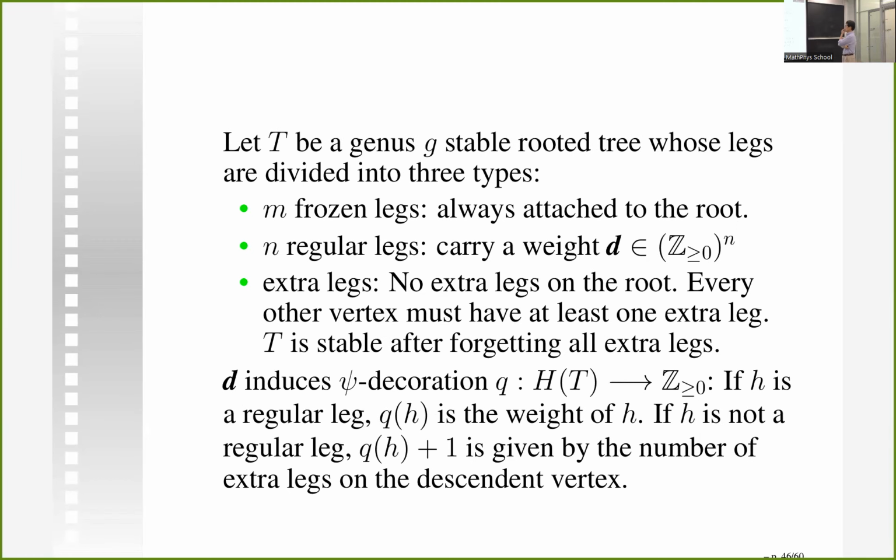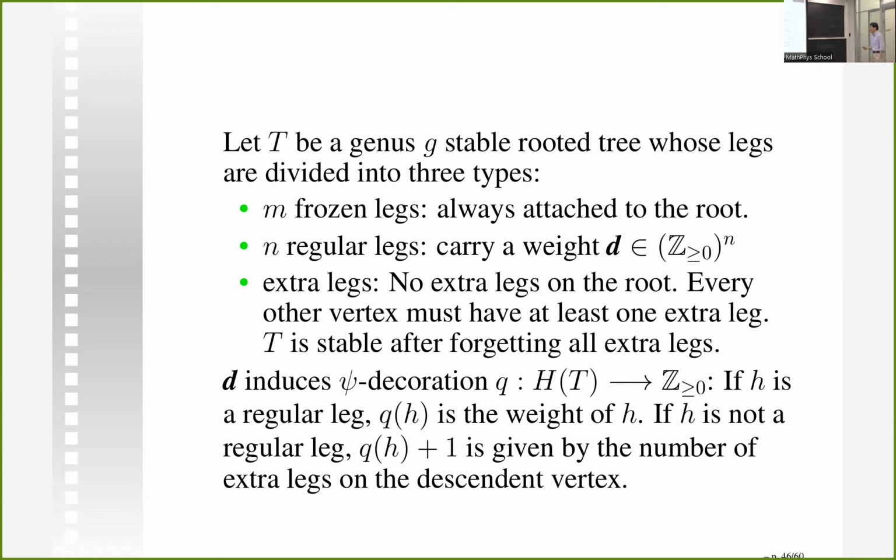So let T be a genus g stable rooted tree whose legs are divided into 3 types. We have n frozen legs, which are always attached to the root of this rooted tree. There are also n regular legs, where each regular leg has some negative weight. And there are also some extra legs, which attach to any vertex which is not the root. And those extra legs will be forgotten later.